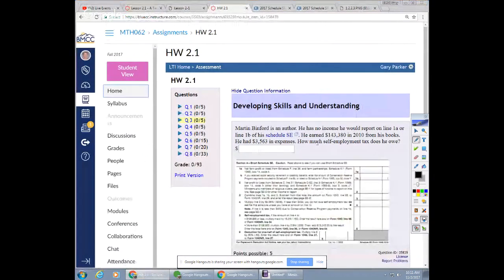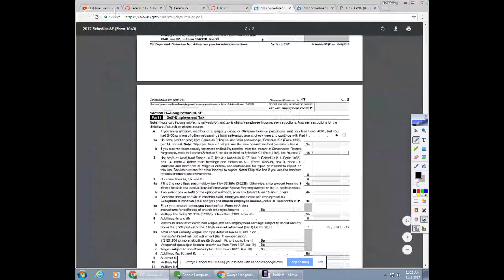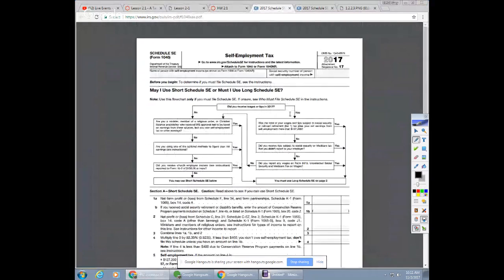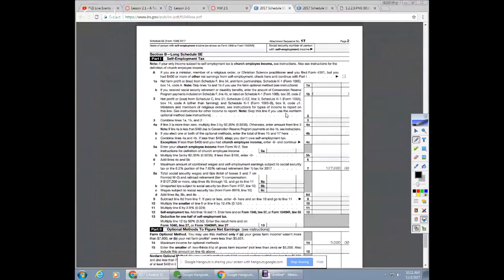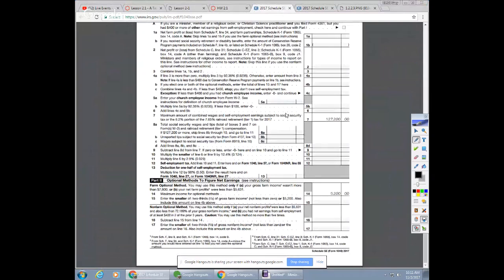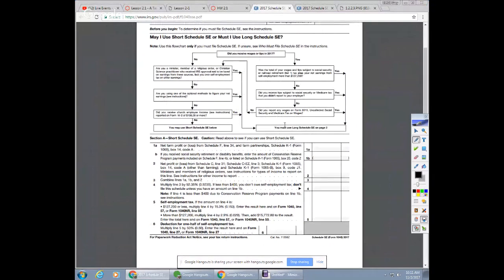I don't think it's going to be on this form here, because this is which one? Oh, this is Form 1040, okay. Oh, but the self-employment version of 1040, got it, okay. And there's not a line 29. Well, that's not helpful.